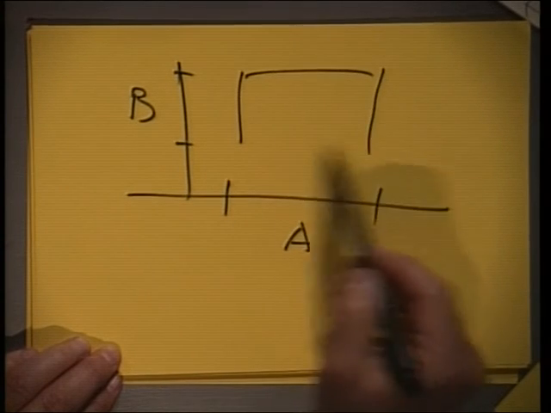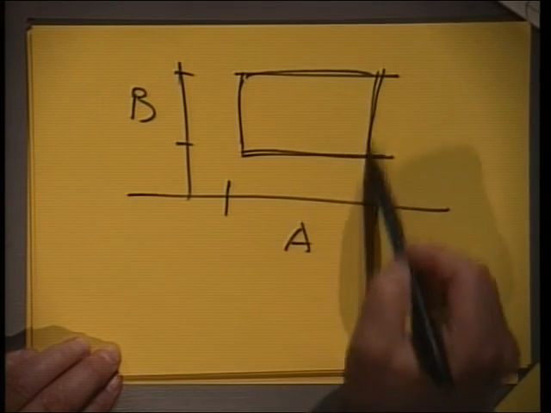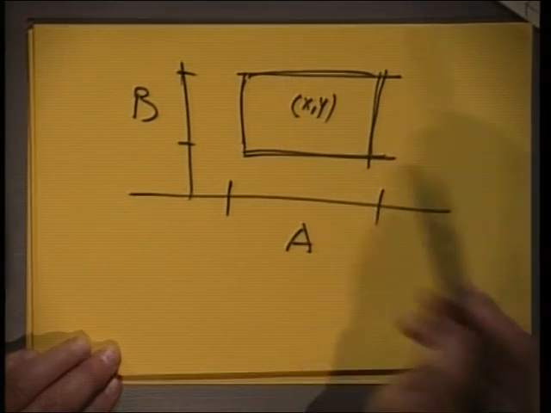You end up with a rectangle where each element in this rectangle has two coordinates, x and y, which define a point. If you take all the ordered pairs x and y, you define a set which is called the Cartesian product of the two sets.